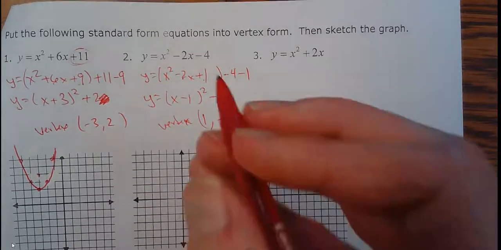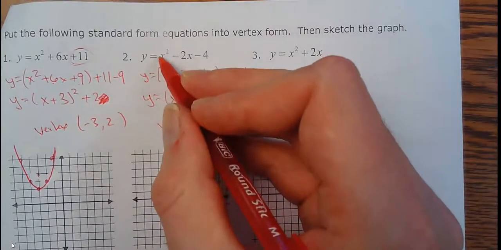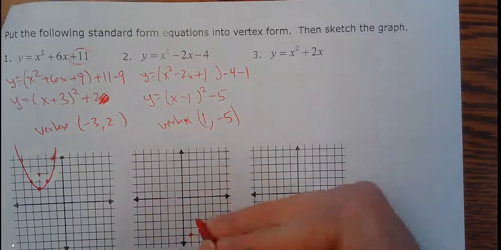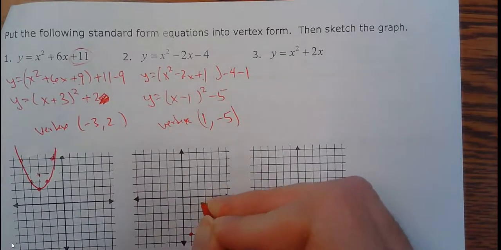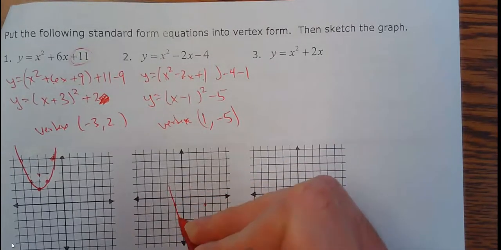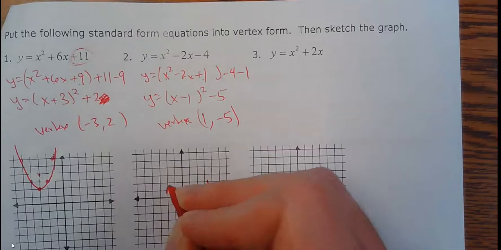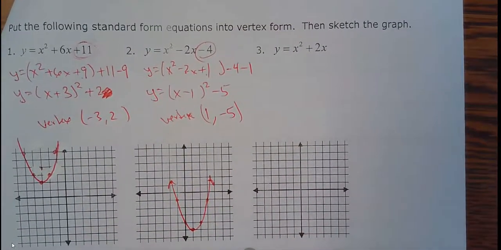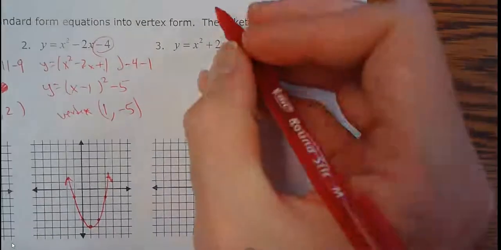And again, the A on this one is a 1, so nothing stretching here. There's no vertical stretch. So up 1, right 1, up 3, right 1. If I look at standard form, the y-intercept was -4, and that's what I got down here. So that verifies it.